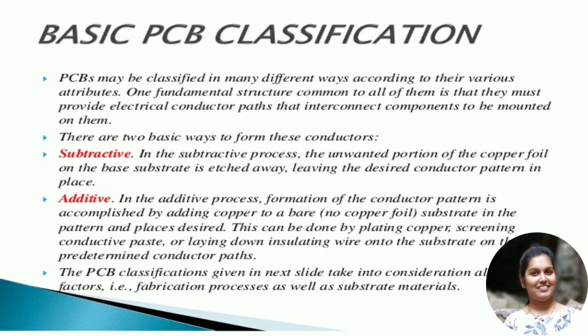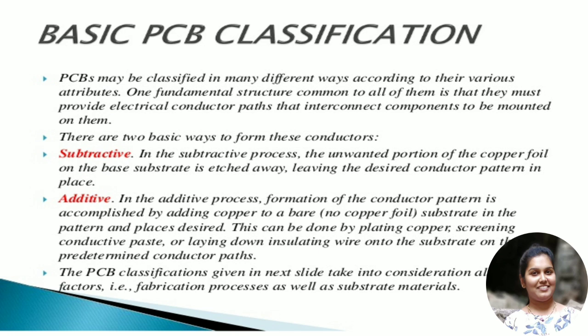So in general, any PCB will be classified based on the electrical conducting path they provide on the PCB. And there are two basic ways to form these conductors. The first one is the subtractive type and the other one is the additive type.